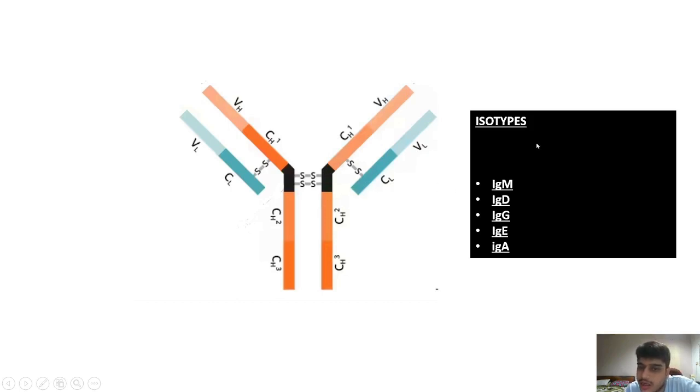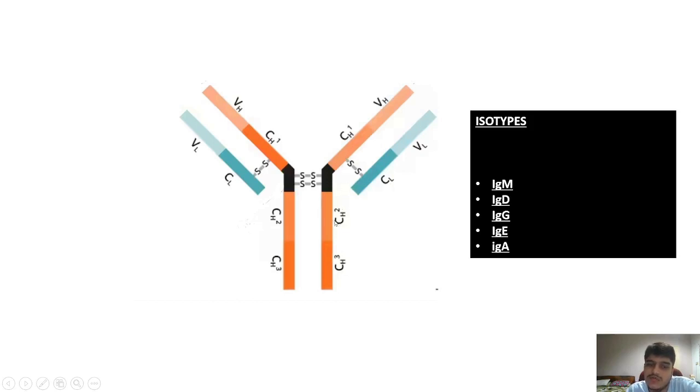And here again I have mentioned the isotypes. You have 5 isotypes or 5 classes, that is IgM, IgD, IgG, IgE and IgA. All of these classes are actually determined by the constant region of the heavy chain.